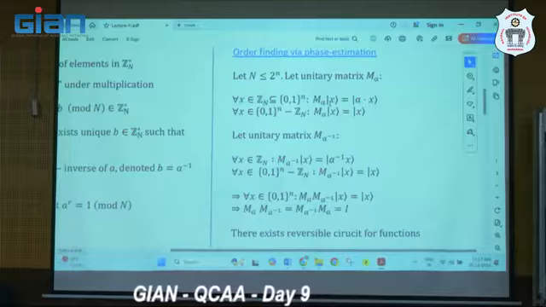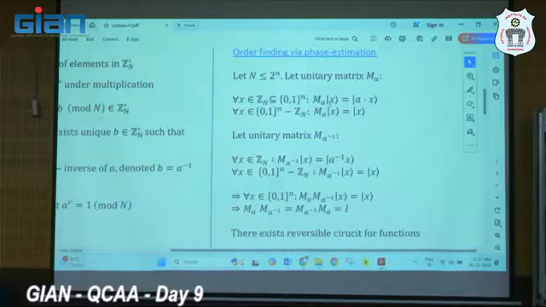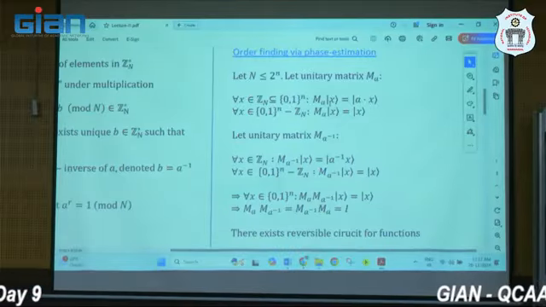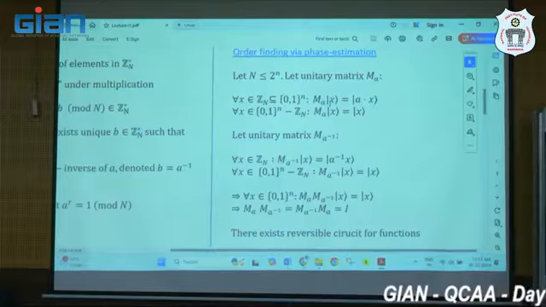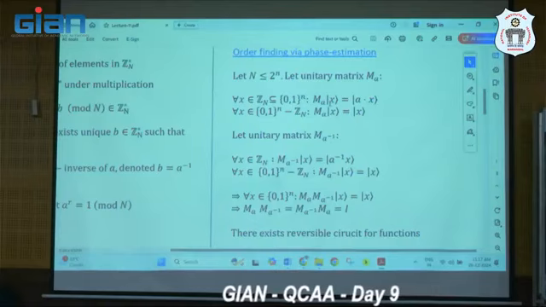Now, let us assume that capital N is less than or equal to 2 to the n. I am saying this for now, you can even assume N is equal to 2 to the n.